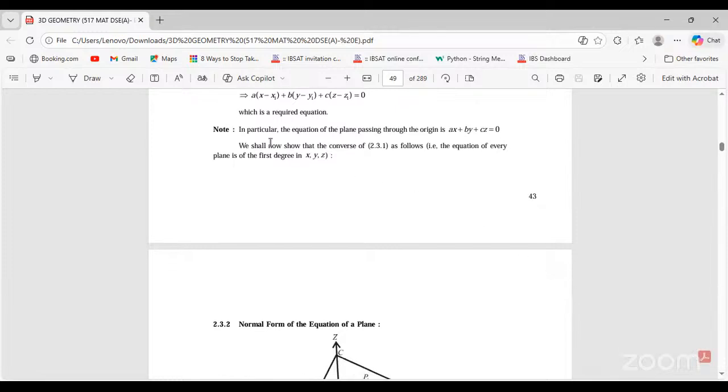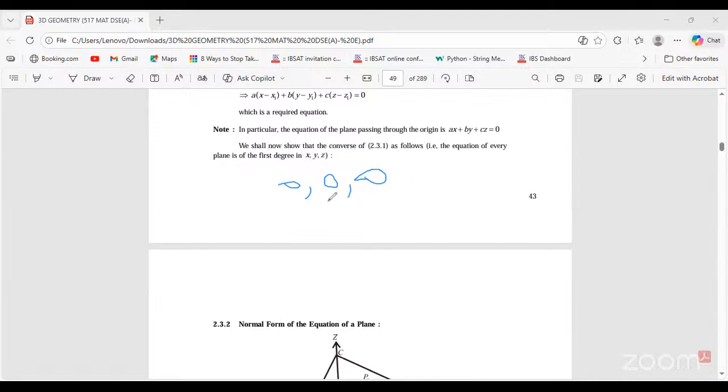Now, what is the note? In particular, the equation of a plane passing through the origin: the origin's coordinates are x is 0, y is 0, z is 0.